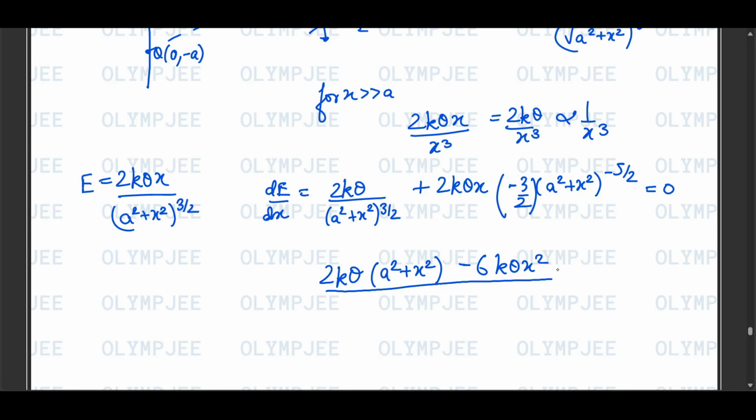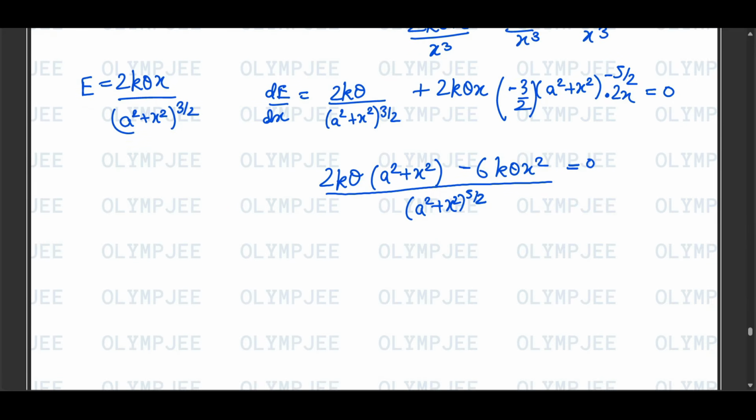and there was 2x also here, right? Because when we differentiate this according to chain rule, then 2x will also come, so this is 6x square divided by a square plus x square whole raised to power 5 by 2. So making the numerator 0, we will get, cancelling out the common terms.